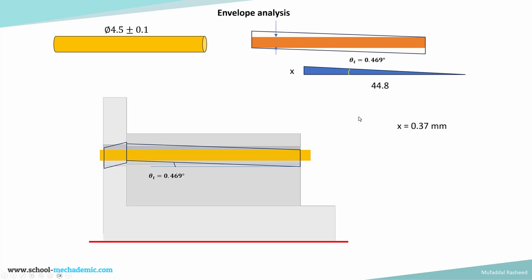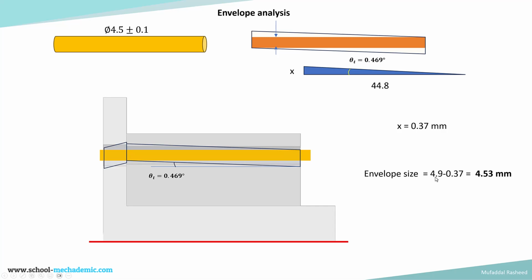Hence the envelope size will be nothing but the 0.37 subtracted from the smallest size of hole on part B, which is the long hole. So the envelope size will be 4.9, which is 5 minus 0.1. The 5 is the nominal size of the hole on part B, which is the long hole, and minus 0.1 is the smallest size of the hole.